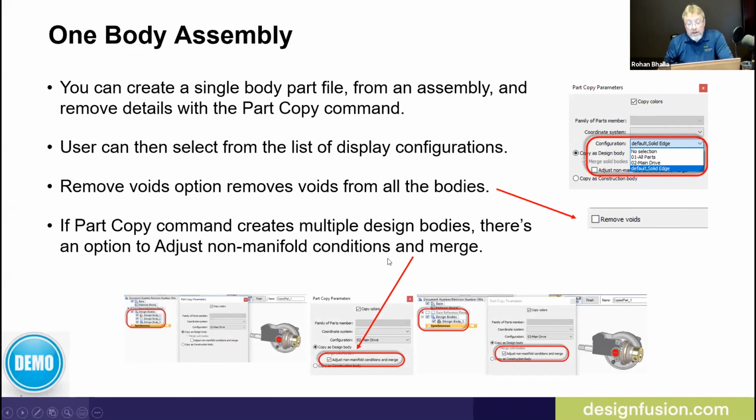So not only can you bring in the assembly to convert it, but you can convert just the configuration of that assembly as well. You can also control the coordinate system so you can make sure things align. You can remove voids if you wish. And the option that allows us to do this now is the adjust non-manifold conditions and merge. So let's have a look at how this works.